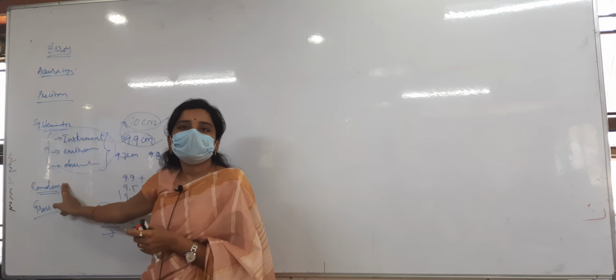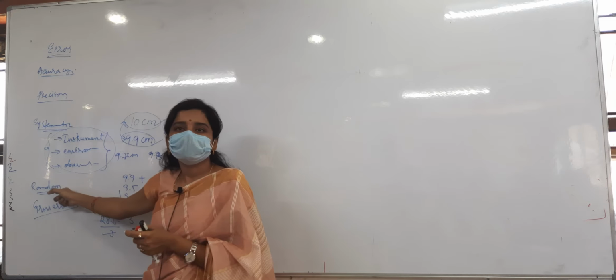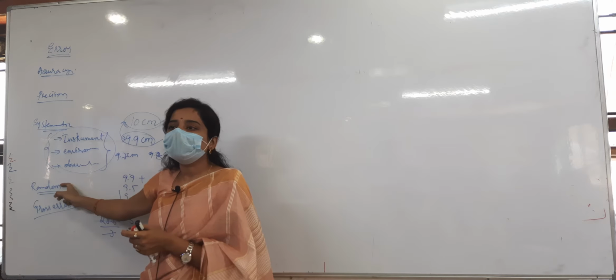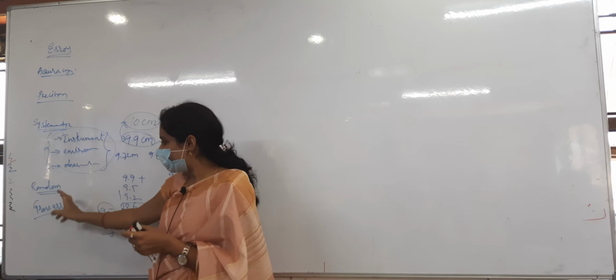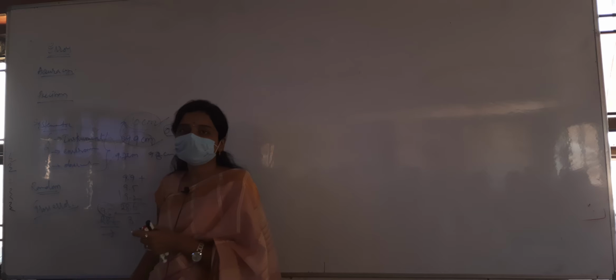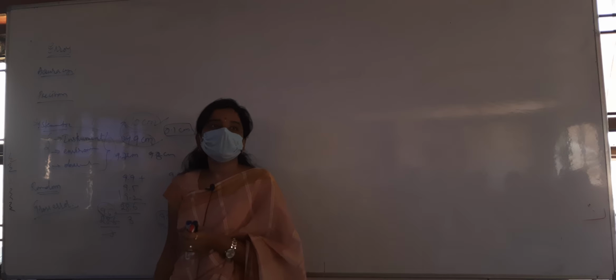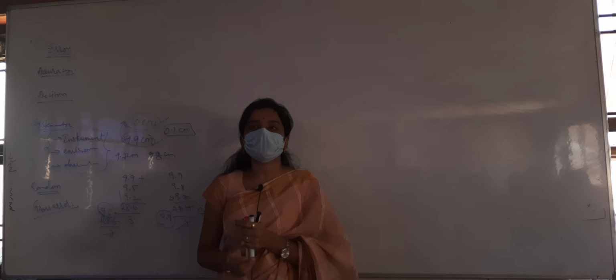Random errors occur due to unknown reasons. We can reduce them by taking the average value among the taken values. Next one is gross errors. Gross errors are due to the wrong notation of the values.